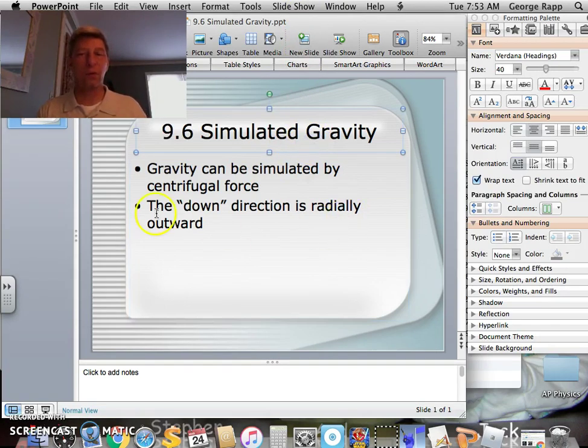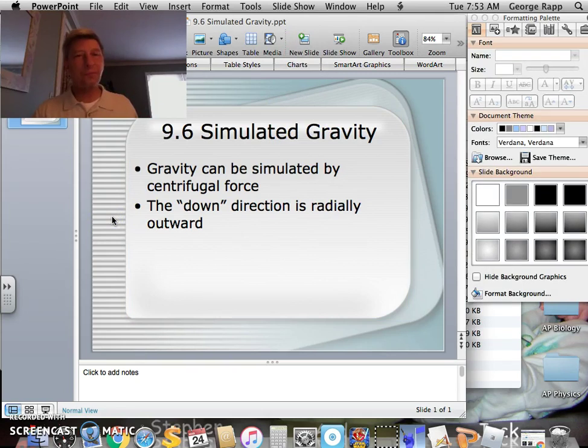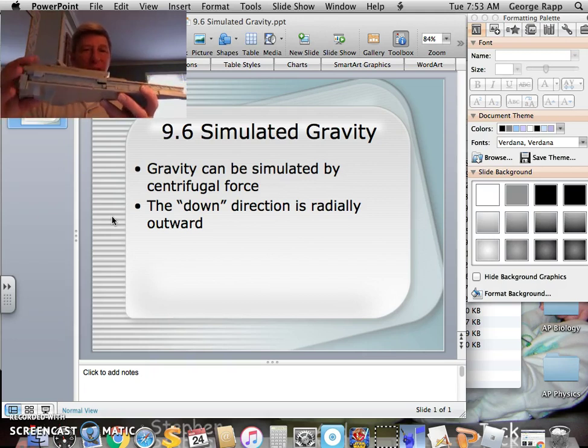And so, in order to do this, what we'd really have to do on Darth Vader's spaceship here is to have it rotate at a certain rate, fast enough so that it generates a centripetal force that keeps all of the passengers in that ship on the ground, if you will.